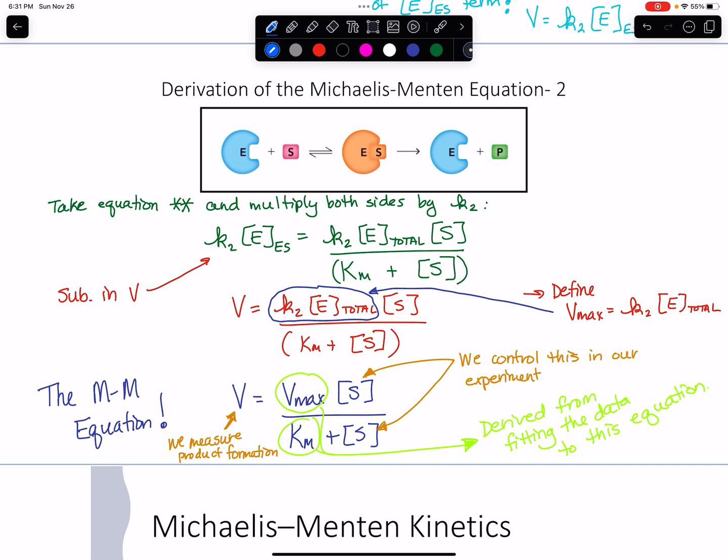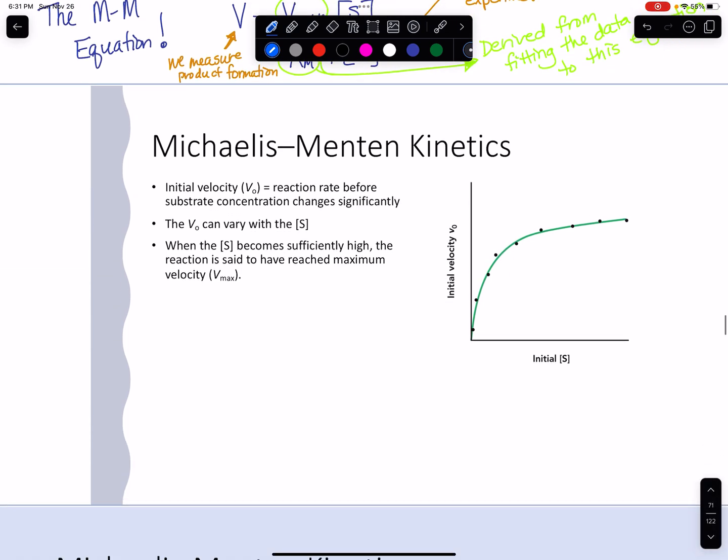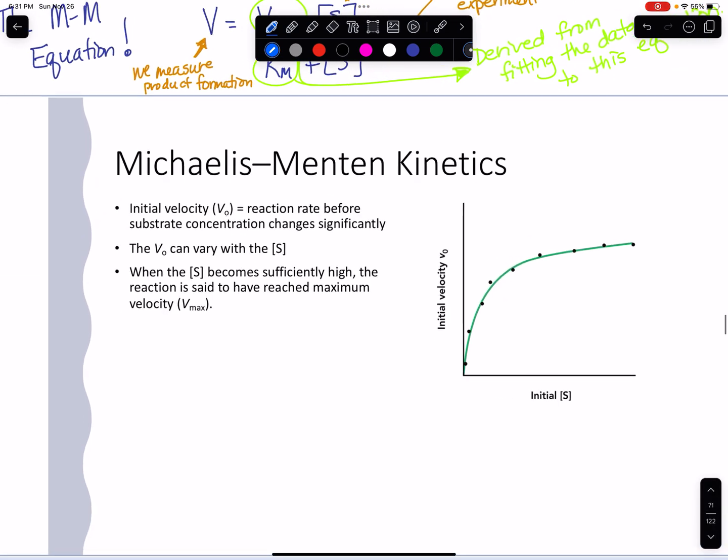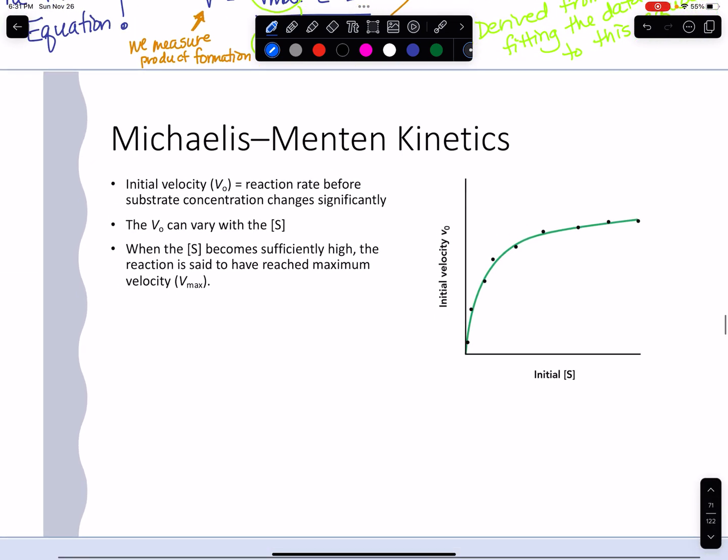And the way we process our data is by fitting it to this equation that connects the conceptual picture, via assumptions that we control with our experimental setup, to what actually happens and what we can measure. So, again, we've been through that. It's important that you see that journey, how we get from one thing to another.